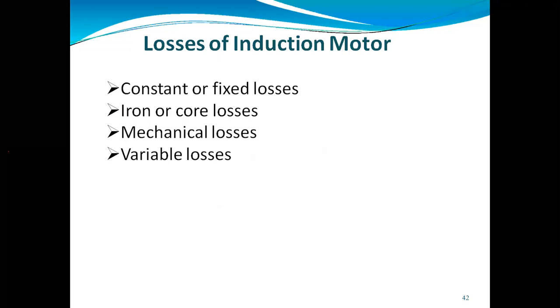Eddy current means, if we are not doing the grounding very well and there is any error, some current will flow and power will get dissipated. We call that loss the eddy current loss, and eddy current loss can be minimized by using proper lamination.